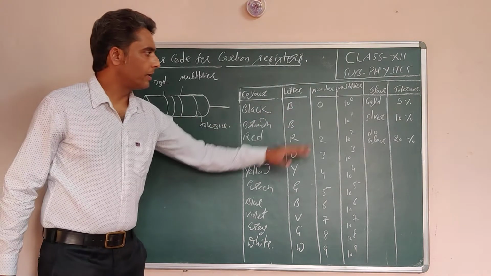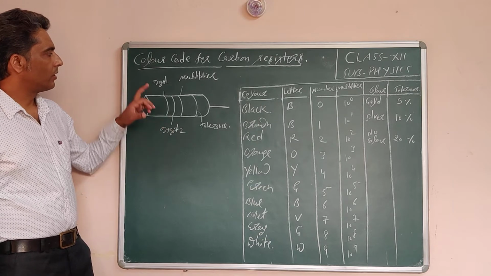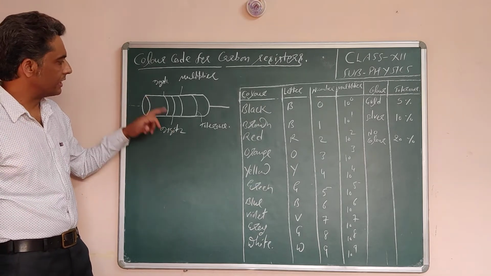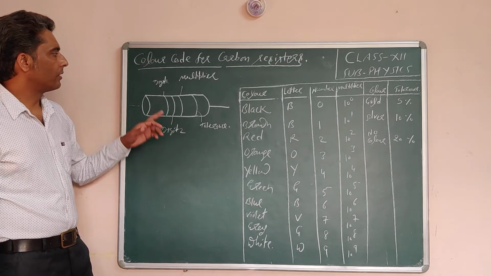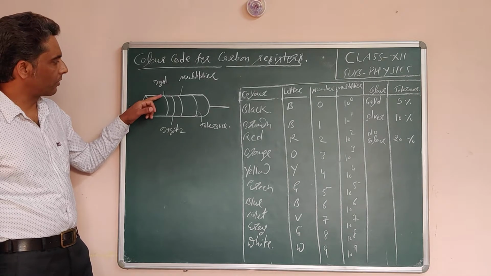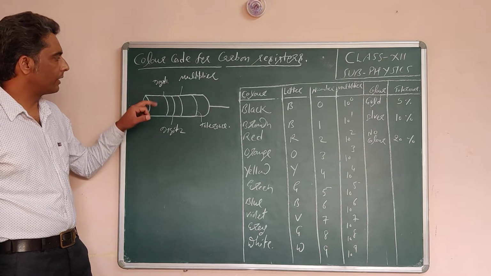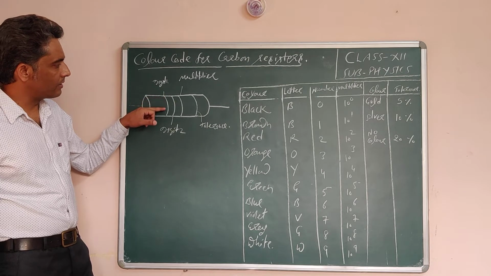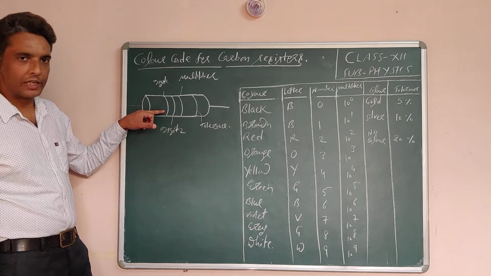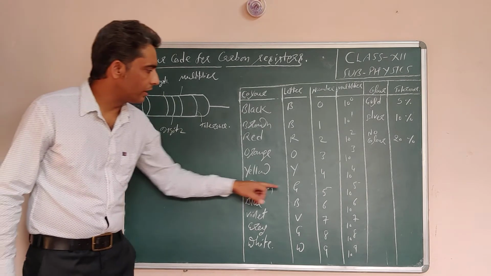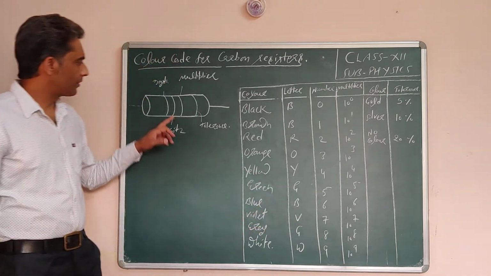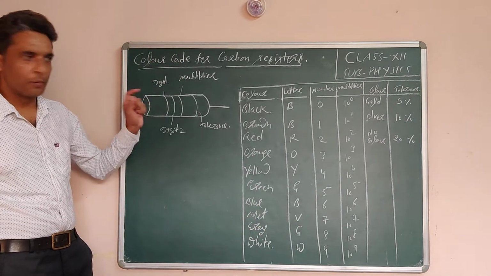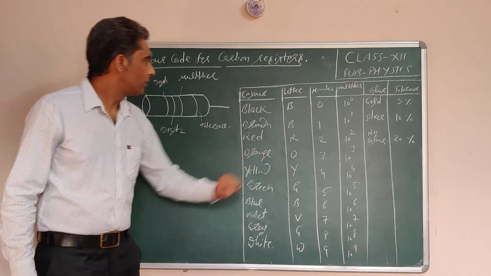Now from this table we can write the value of these digits depending on the color of the band. For example, if the color of this band is green, then the number for green is 5. If the color of this band is red, then the number for red is 2.